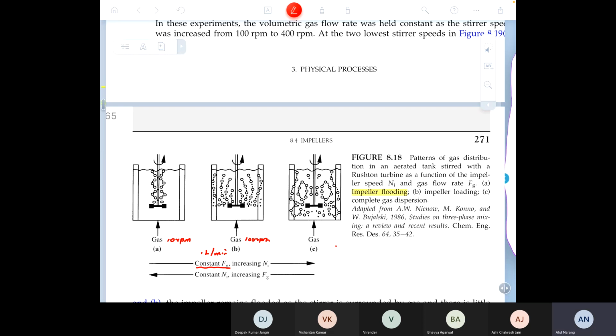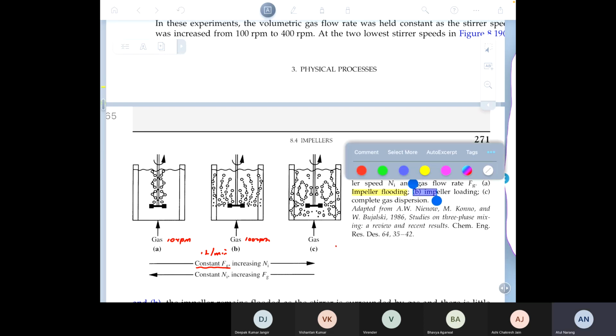But notice that below the impeller, there is no gas dispersion. All the dispersion is taking place above the impeller. So the situation is better than impeller flooding, but it's still not quite ideal. This picture is called impeller loading.